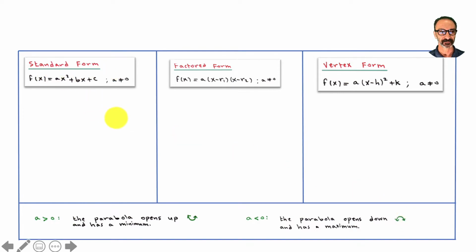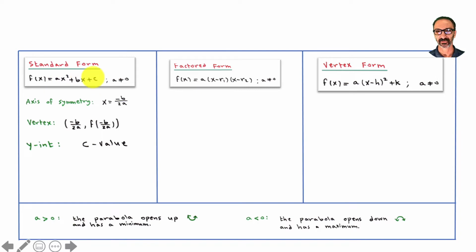The standard form, ax squared plus bx plus c. The axis of symmetry, to find it in the middle, is x equals minus b over 2a. The vertex will be minus b over 2a, and whatever comes from the equation as an output. The y-intercept that I mentioned is the c part, which makes sense because when you cross the y-axis, your x's are 0. So if you plug in 0 for x here and here, that's what you have left for you, which is c.